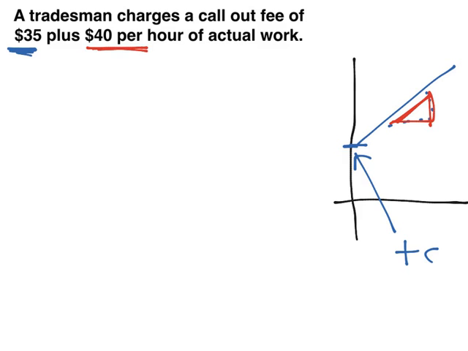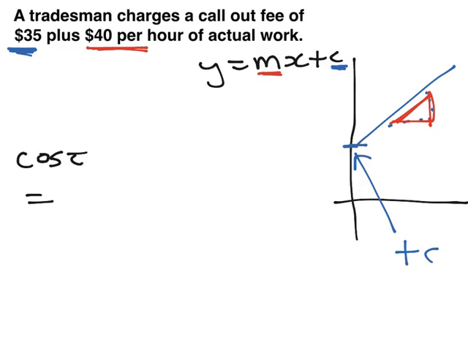That's a rate. So if you think about y equals mx plus c and what these things mean, well, there is the starting figure, and the gradient is the rate. So by thinking about it, our cost is going to equal the rate, which is $40 times the number of hours, plus our starting figure, which is 35.